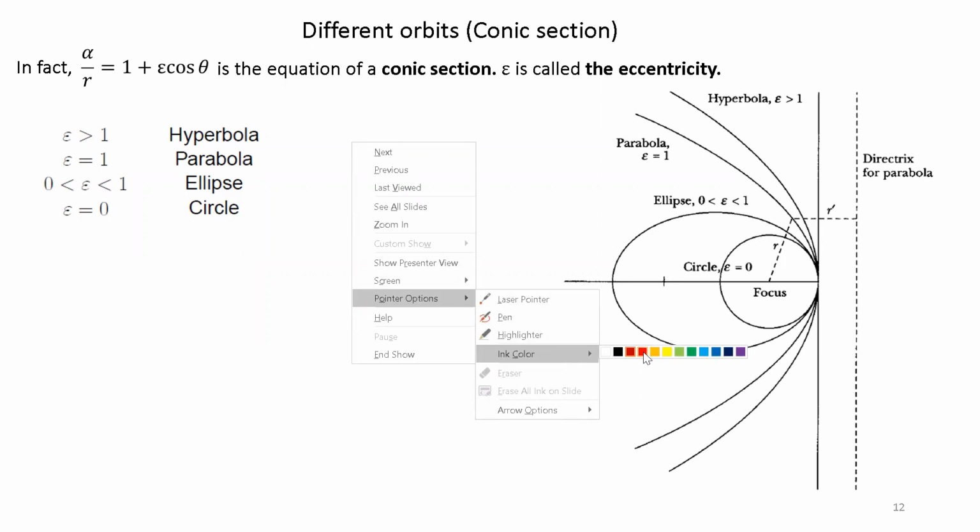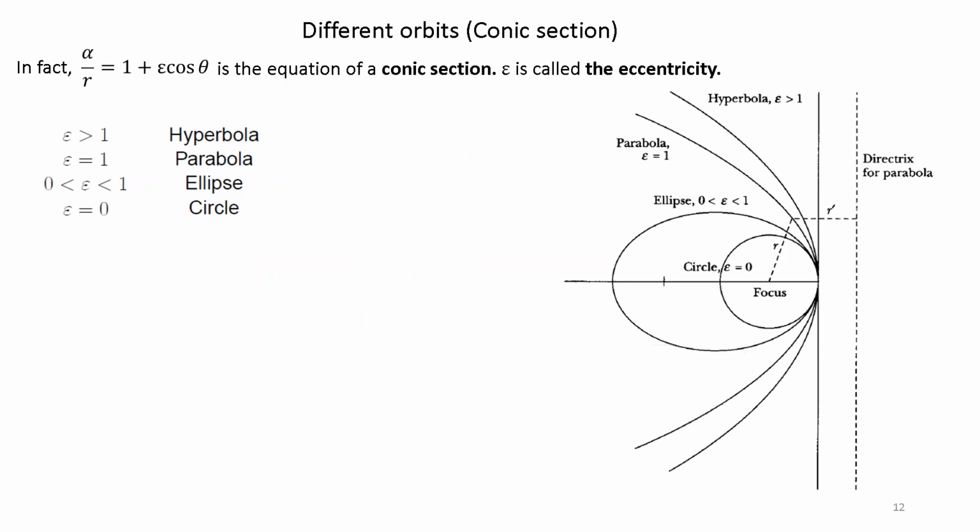I'm sure that maybe in polar coordinates you are not that familiar, but in Cartesian coordinates, I'm sure that you know that the hyperbola is written like this, and the parabola is like this, and the ellipse like this, and the circle like this.